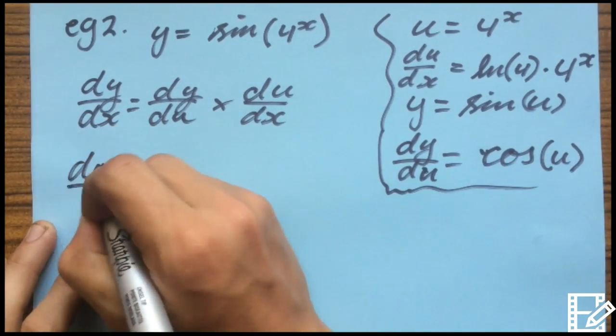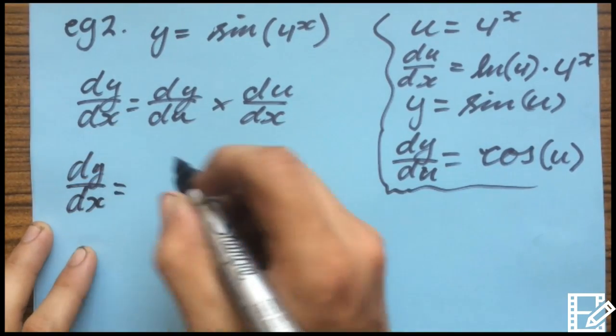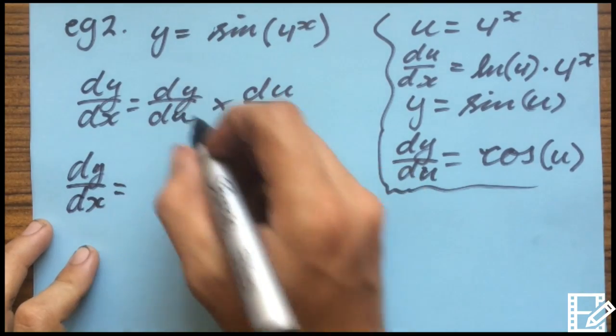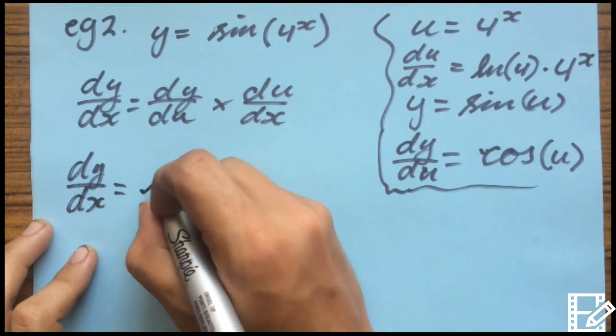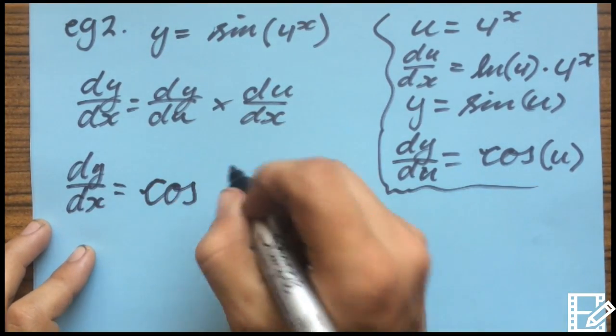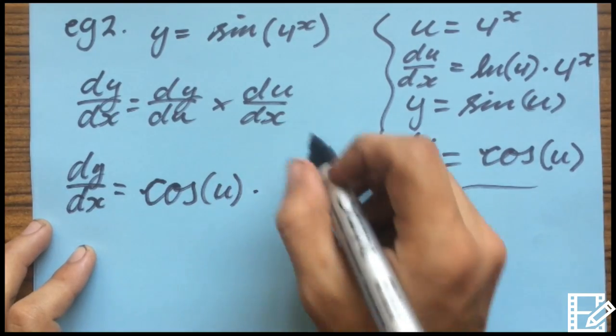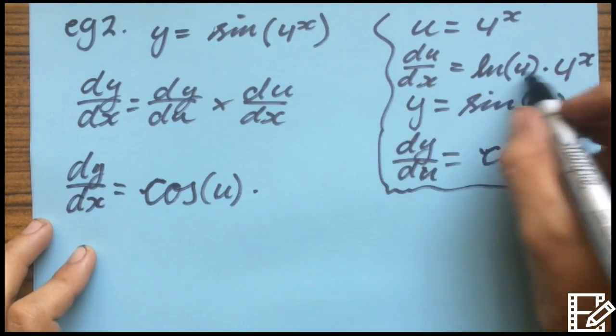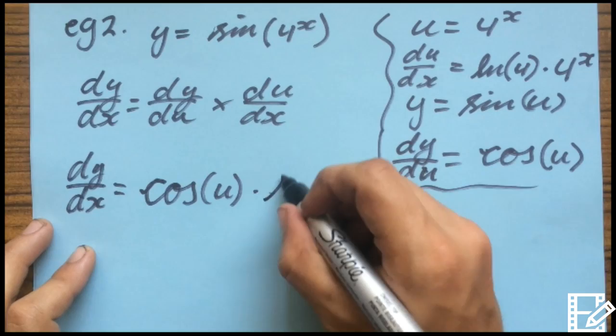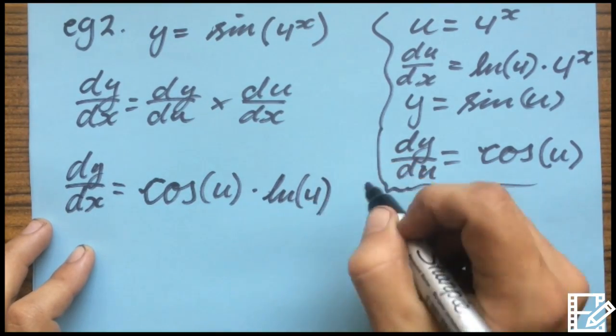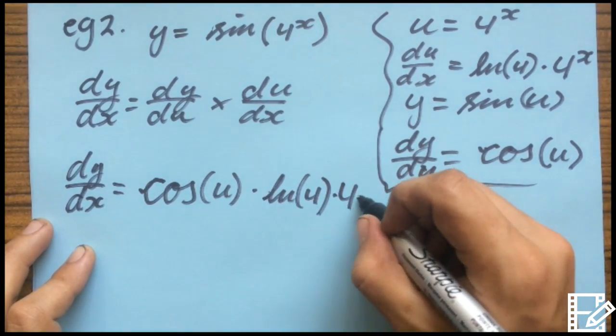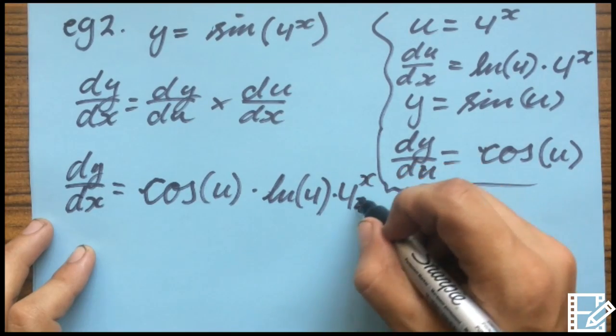Fill this in. Derivative of y with respect to u, cosine u, multiply that by derivative of u with respect to x, ln 4 multiplied by 4 to the power of x.